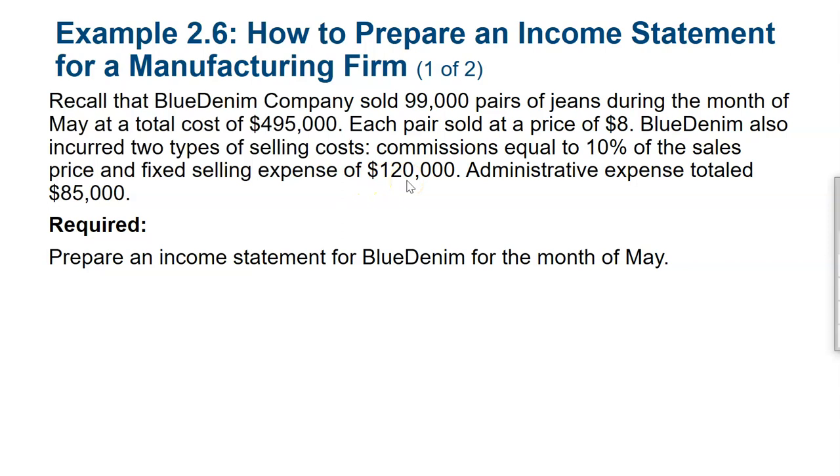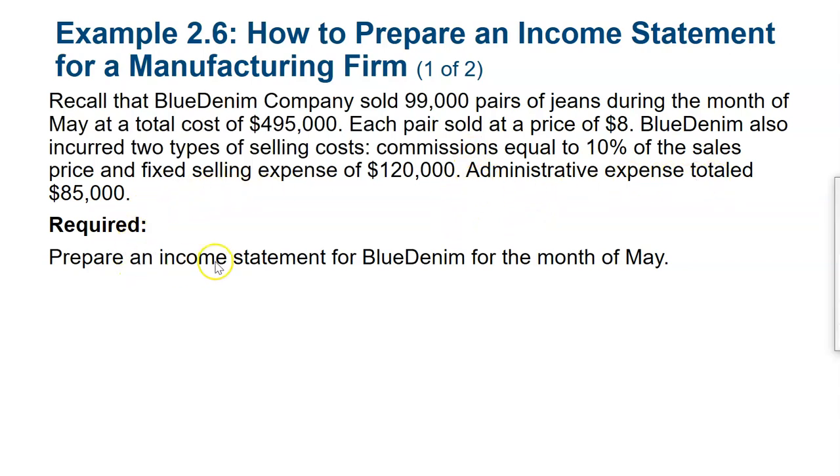So the sales costs are going to be two parts. We have a fixed selling expense, which might be salaries, and then usually if we're in sales, we get some type of commission as an incentive to work harder. Then the administrative expenses totaled $85,000.